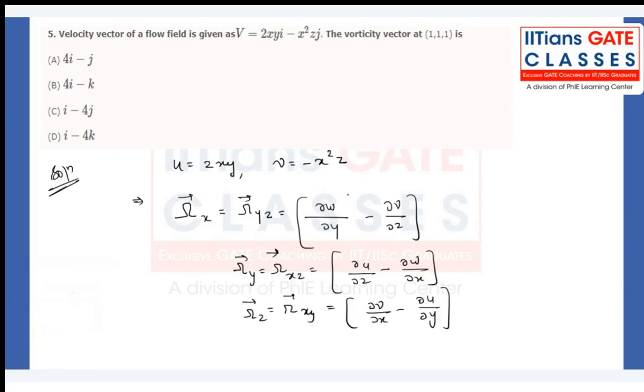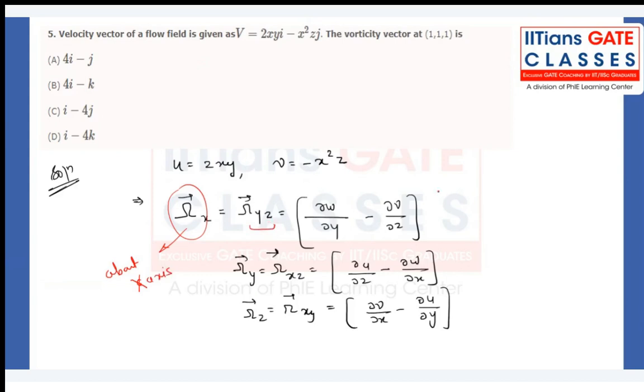So what is the meaning of this? When you are taking the rotation about the x axis, that means you are in the yz plane. That is the meaning of that, right?